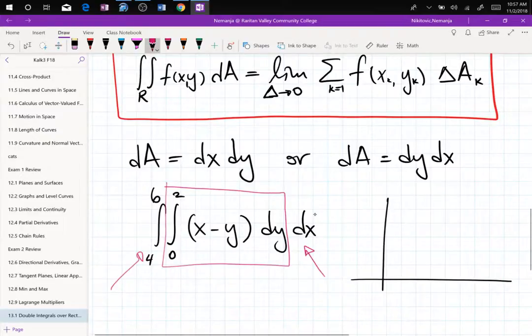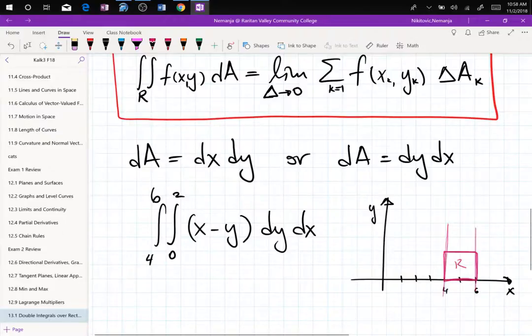So you see that x is 4 to 6. So you go on your drawing, 2, 3, 4, 5, 6. You go to your drawing and you put vertical lines at 4 and at 6. And then y, dy, is between 0 and 2. So 0 and 2. And we are integrating over region R, in this case, which is a square. It's a 2 by 2 square, but it's located between 4 and 6, right, on x-axis.